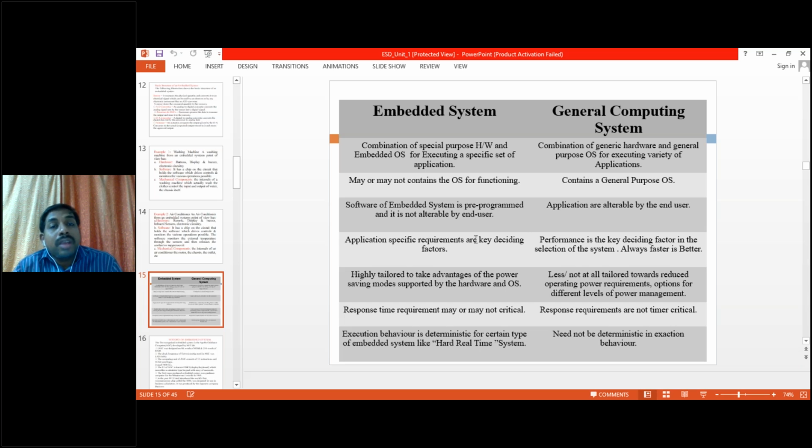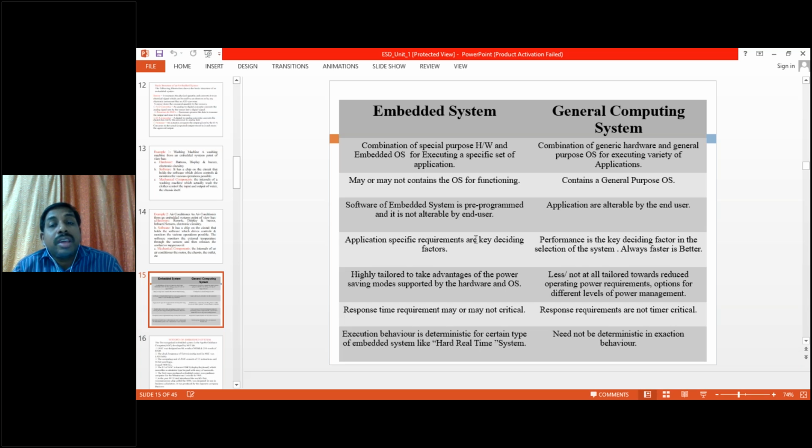And because it is application specific, how you decide on an embedded system is the requirement. The application specific requirement is going to decide its factor. Whereas for general computing systems, you have various desktop systems by various vendors, and it is only the speed and the compactness of the design.